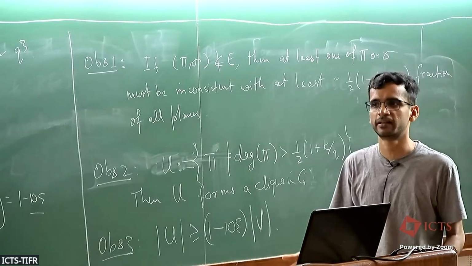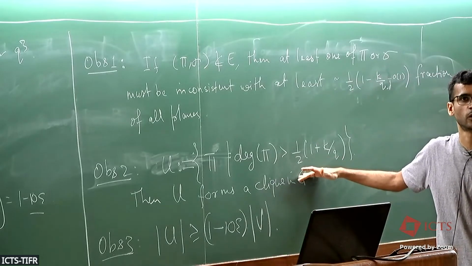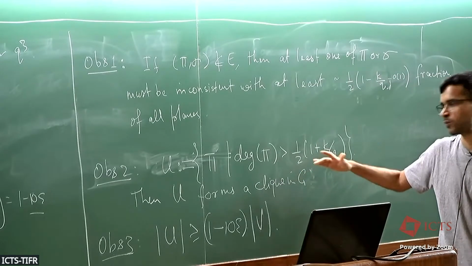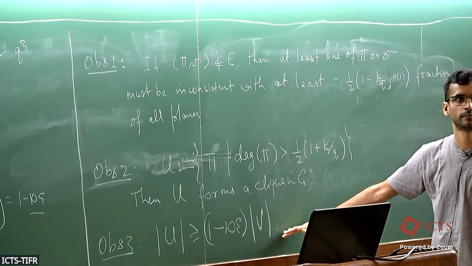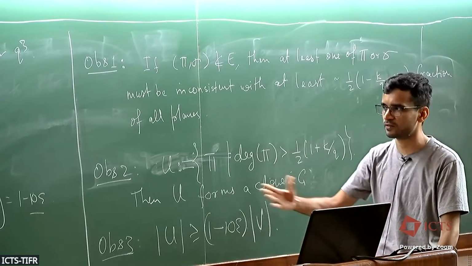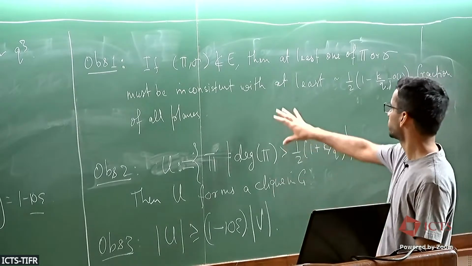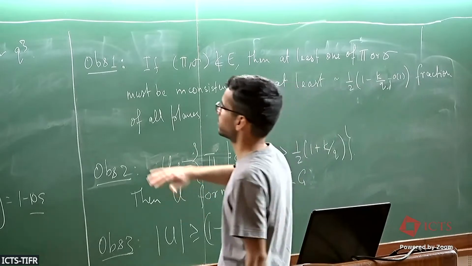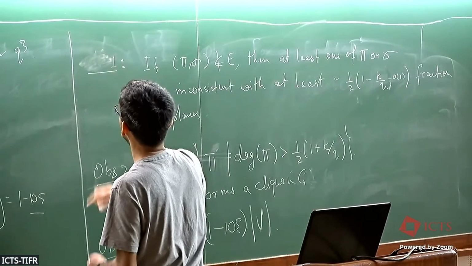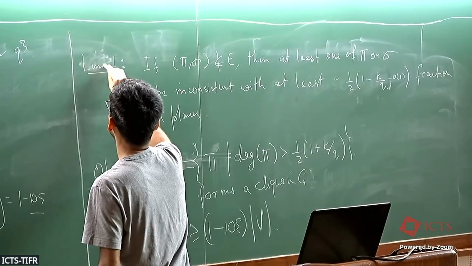This is a very dense graph, so there can't be too many vertices whose degree is this small. So most vertices have large degree. So 2 to 3 is just a consequence of the fact that the graph is dense. Observation 1 really shouldn't be an observation. Maybe it should be a lemma.